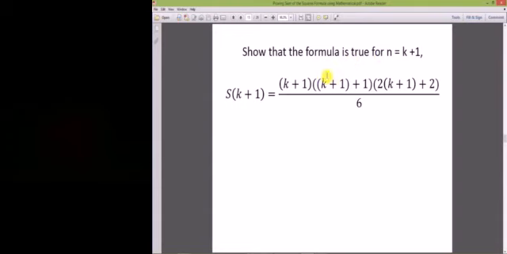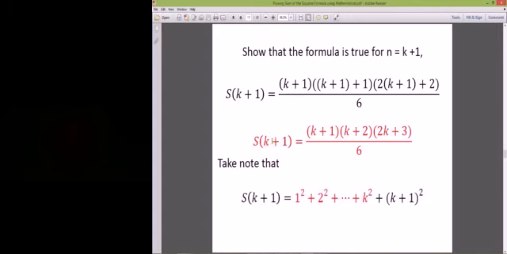k plus 1. That means we want to prove that S sub k plus 1 equals k plus 1 times k plus 1 plus 1 times 2 times k plus 1 plus 1, all over 6, which means that we are going to prove that this statement is indeed true.